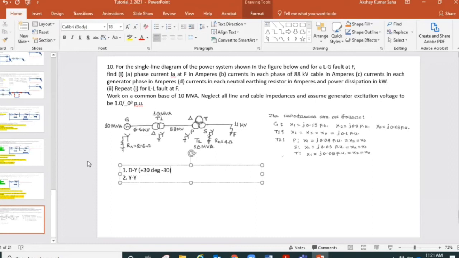So it also needs to be mentioned here if it is 11 or it is 1. If it is 11, it is plus 30 degrees. If it is 1, it is minus 30 degrees, or plus 30 degrees. I need to just double check that one. So when we have a Dy connection, either 11 or 1, we'll get a 30-degree difference between the voltages' phase angle. But if we come to this Yy, because it's Y on both sides, the difference will be 0 degrees.